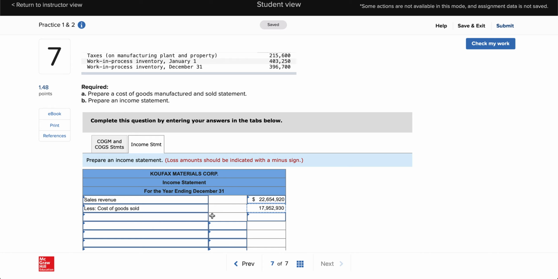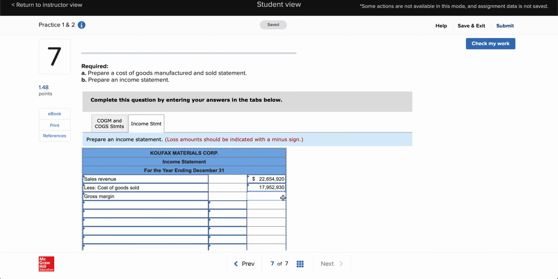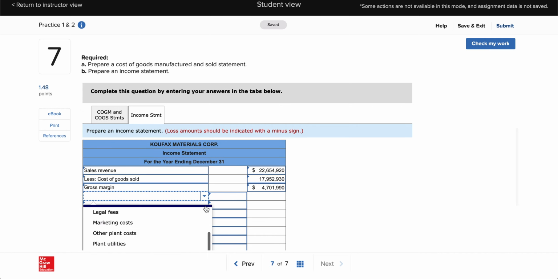This gives us gross margin, and do the math here. 22,654,920 minus 17,952,930. And that gives us a gross margin of 4,701,990. Okay. Then after we calculate the gross margin, we move into operating expenses.